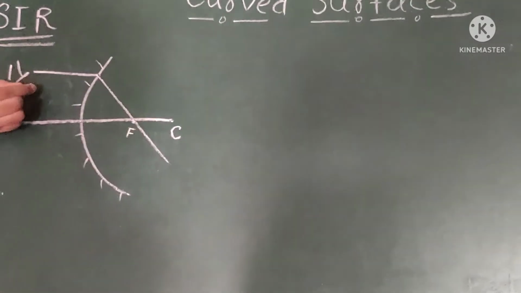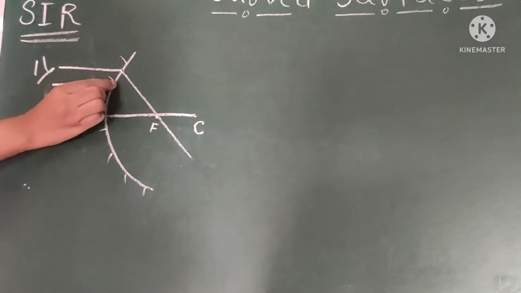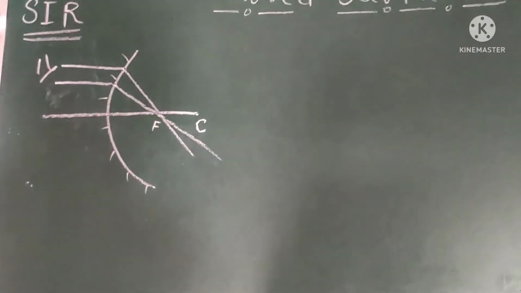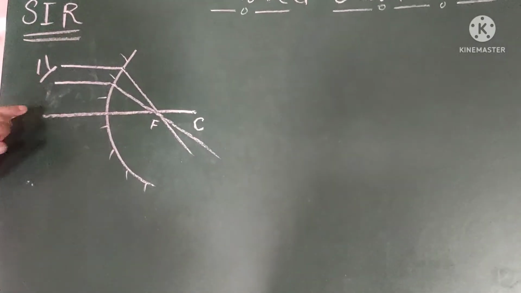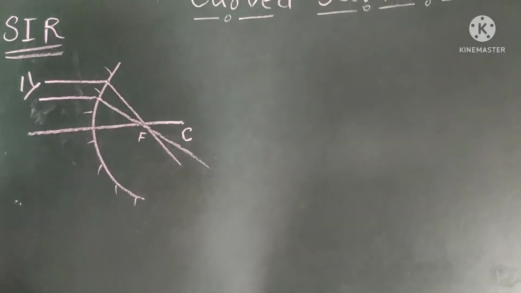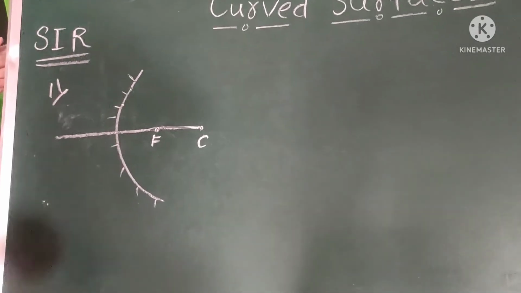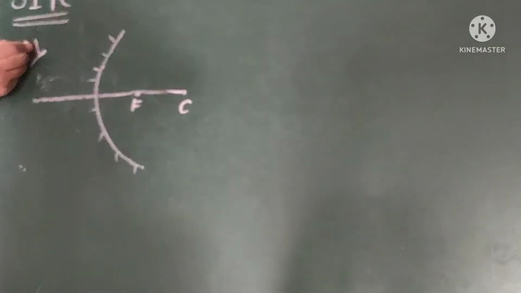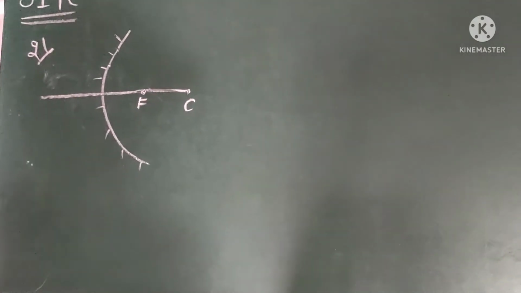This is the focus. So whichever incident ray is parallel to the principal axis passes through the focus after reflection. This is the first one. Now let's know the second one. It's just opposite to the first one.